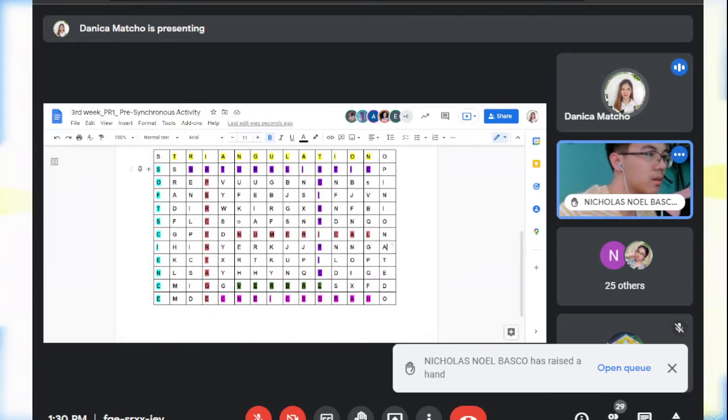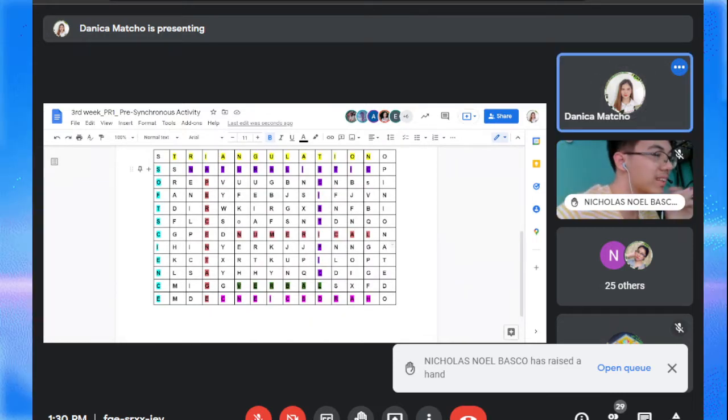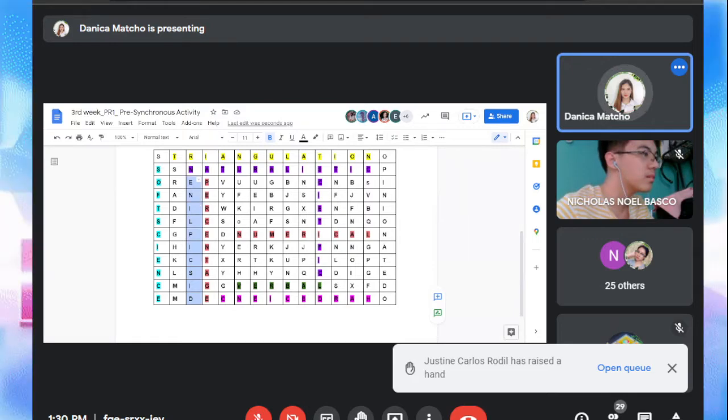Third row, last column. Well, parang maligtad. Third column, then last row, then pa-up, upward. Okay, so baliktad.